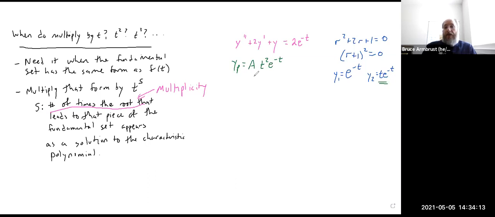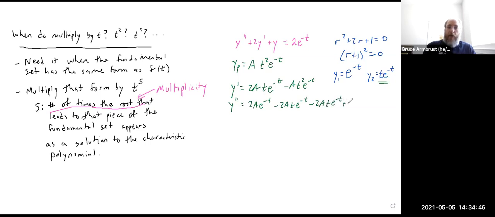But once we're here, we do exactly what we've always done. y prime is 2at e to the minus t minus at squared e to the minus t. And then y double prime is going to be 2a e to the minus t minus 2at e to the minus t minus 2at e to the minus t plus at squared e to the minus t.